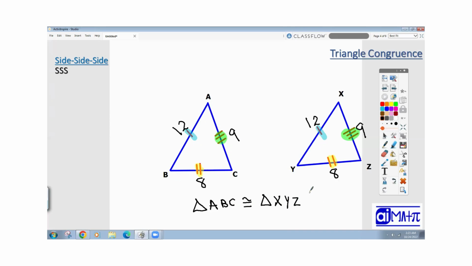And the reason you would state it is because of side, side, side. Side, side, side simply means that all 3 sides have been labeled that way, and we can prove that this side is congruent to this one, this side is congruent to this one, and this side is congruent to that.